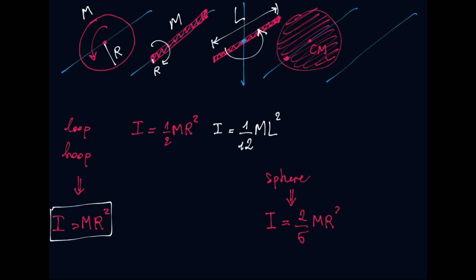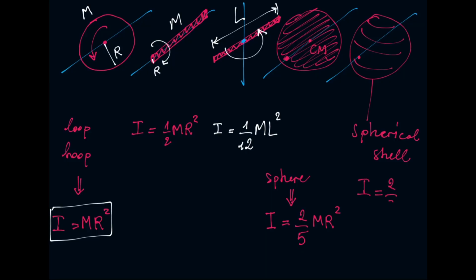But interestingly enough, for a spherical shell, let's just write it, the moment of inertia is not 2/5, but it's 2/3 of mr squared. And again, the denominator really is not my forte right now.